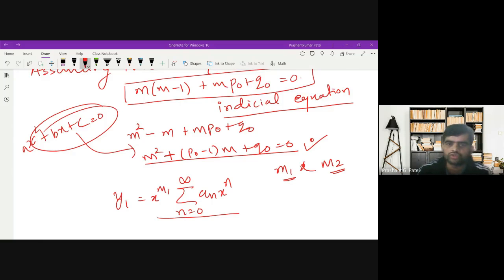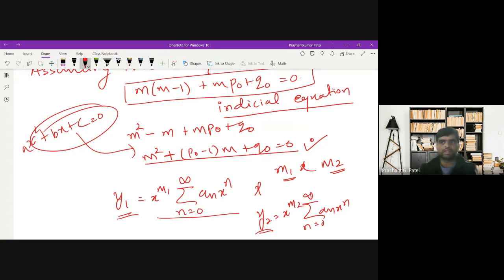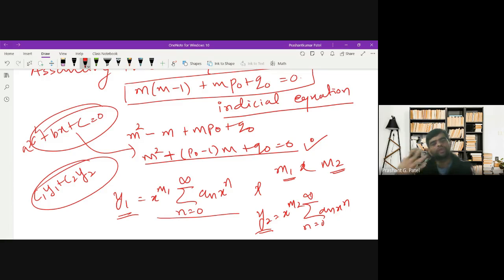And the another solution will be y2 equal to x power m2 summation n running from 0 to infinity a n x raised to n, provided this y1 and y2 are linearly independent. If they are not linearly independent, we cannot write down the solution in the form c1 y1 plus c2 y2, because the solution always comes under the linear combination of linearly independent solutions. But here this y1 and y2 should be linearly independent, then and only then we can write down this as a general solution.